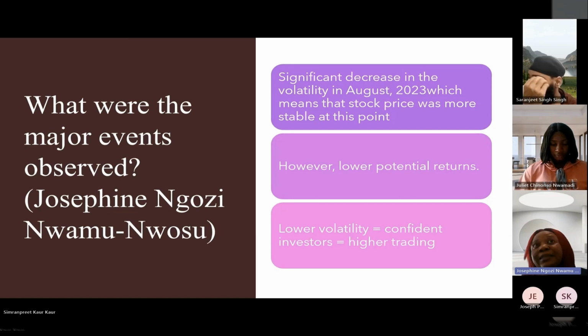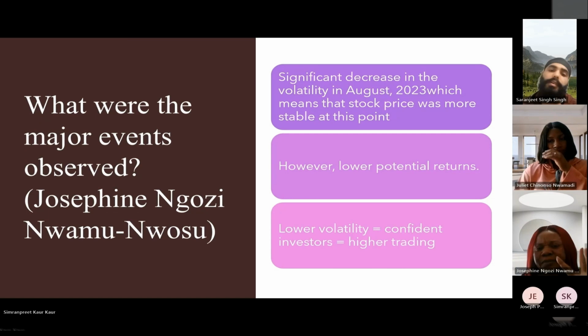At this stage, it gained more potential returns during this period. We also observed that with lower volatility, investors became more confident in the company, which led to more trading in the company.